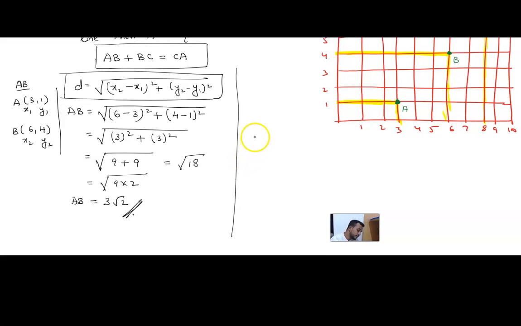Now we are finding the distance between B and C, that is BC. So what are the coordinates of B? The coordinates of B were 6, 4, right? That is 6, 4. And what are the coordinates of C in the given problem? Let me check. The coordinates of C are 8, 6.